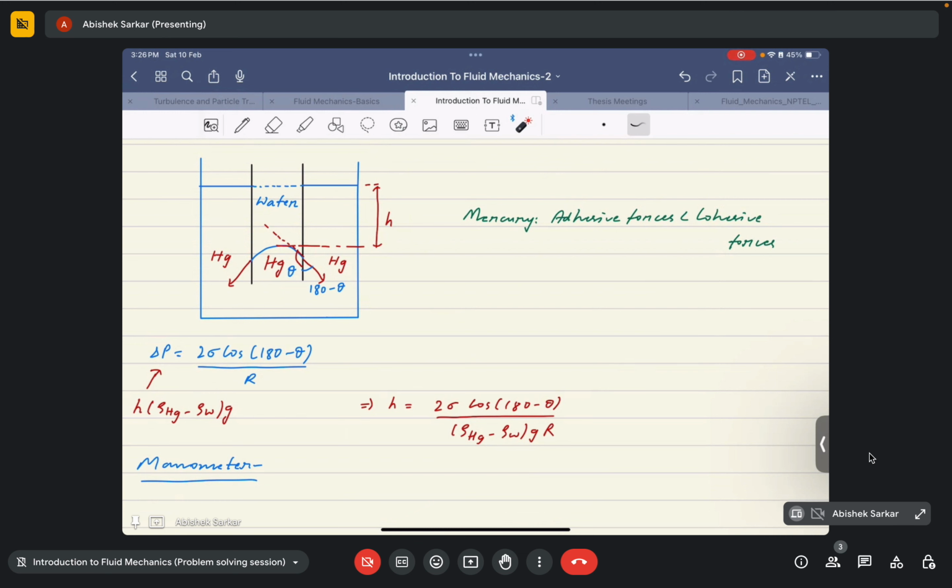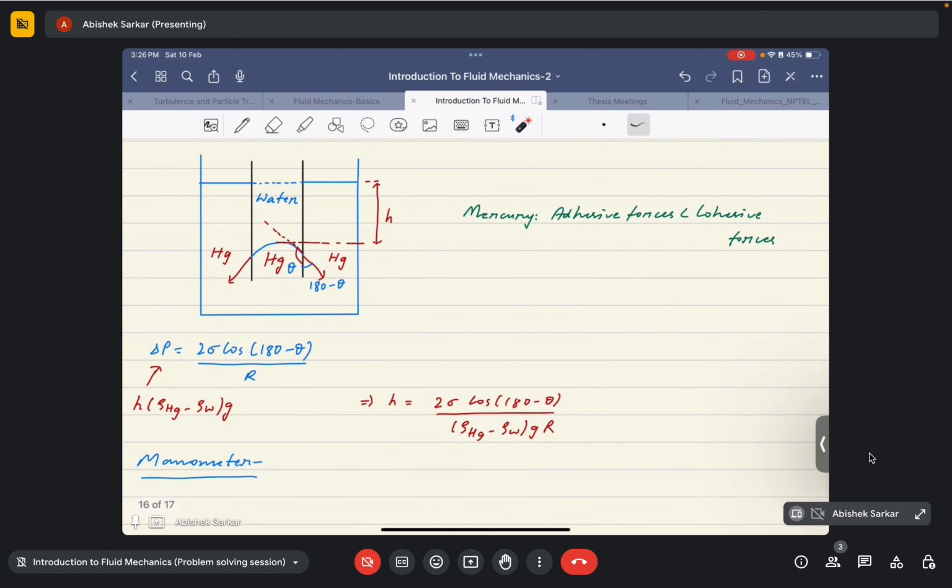You can see the contact angle formed by the tangent to the surface of the meniscus is an obtuse angle, greater than 90 degrees. So in such fluids, the formula for the capillary rise is given by this equation. If you want the detailed derivation, I suggest you revisit the lectures.